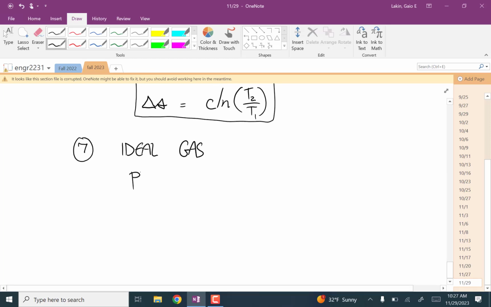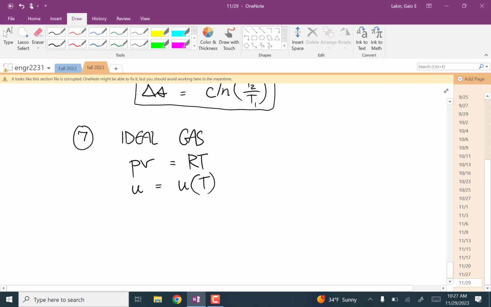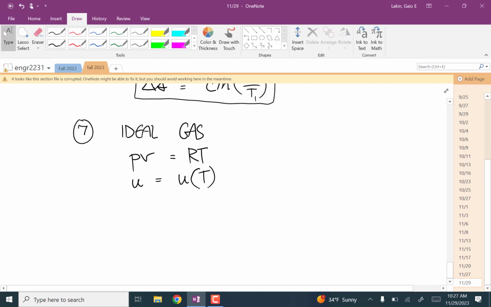The first thing is the ideal gas law, PV equals RT. The specific internal energy is a function only of temperature. The specific enthalpy is also a function only of temperature.